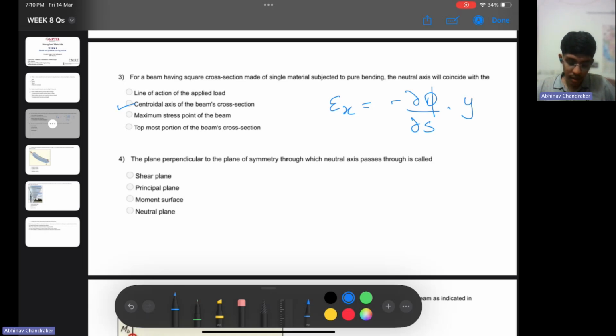So the y we consider here starts from the neutral axis, which is the axis where you do not have any axial strain, and that will always be the centroid of that cross section along the y direction.